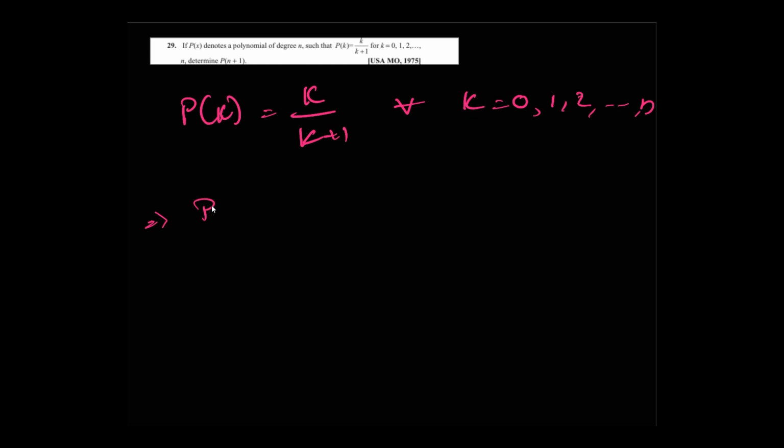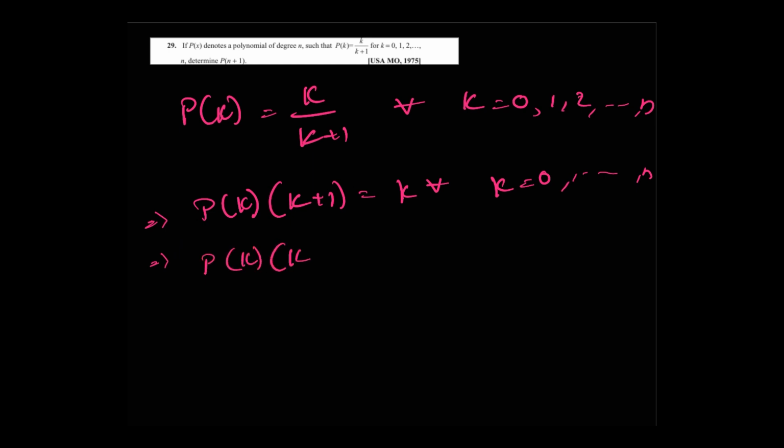That means P of k into k plus 1 equals k for all k equals 0, 1, 2 and so on n. That implies P of k into k plus 1 minus k equals 0 for all k equals 0, 1, 2 and so on n.